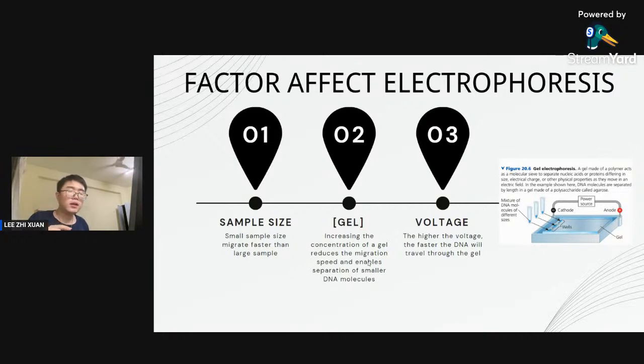What is agarose? Agarose is one type of gel, and dia akan ada banyak lubang-lubang dia. So if you increase concentration, maksudnya lubang dia akan jadi banyak. If you are driving, kereta awak memandu, kalau jalan tu sangat licin, macam highway, wah awak boleh laju sangat kan.